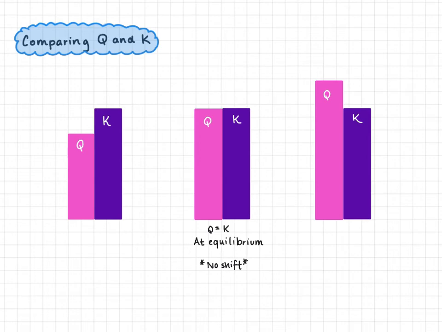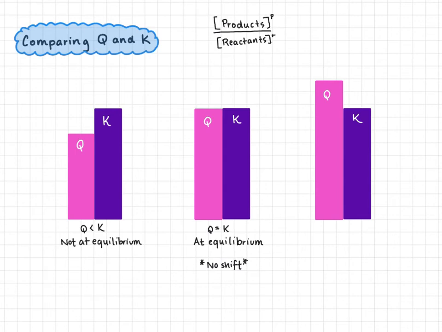If we go to the left, we see here that Q is less than K. This system is not at equilibrium. As a reminder, both of these values are calculated by looking at the concentration of the products raised to their coefficient over the concentration of the reactants raised to their coefficient.